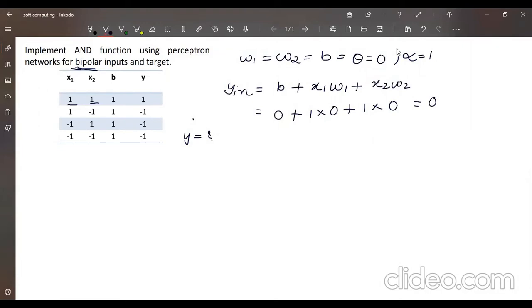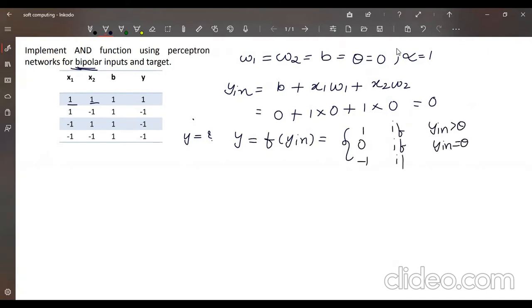The bipolar activation function is Y is equal to f of Yin, which is 1 if Yin is greater than the threshold, 0 if Yin is equal to the threshold value, and -1 if Yin is less than the threshold value.